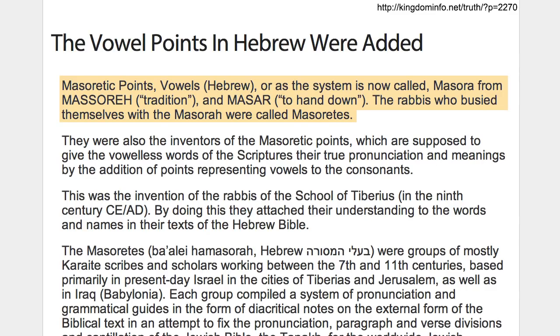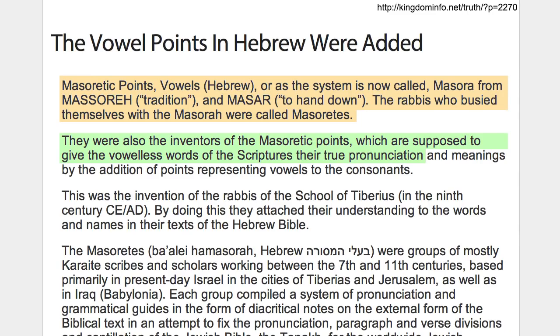The Masorah is a list of rules that the Jewish Masoretes made on how to pronounce Hebrew words. It says, they, the Masoretes, were also the inventors of the Masoretic points, which are supposed to give the vowelless words of the scriptures their true pronunciation.